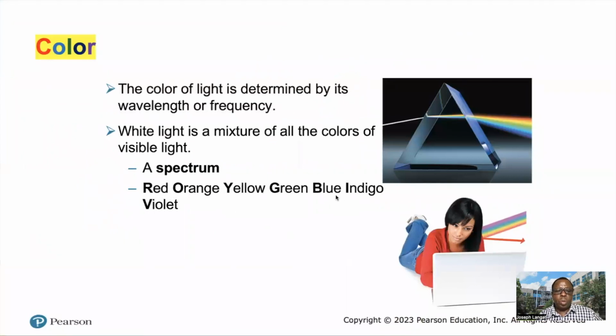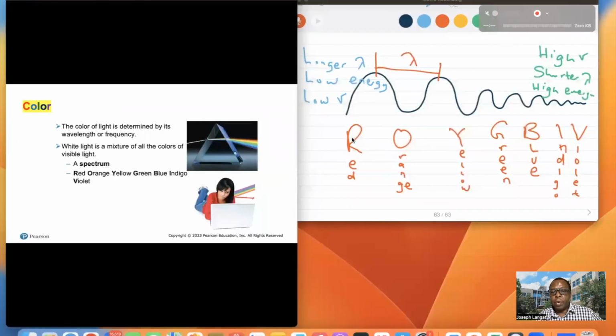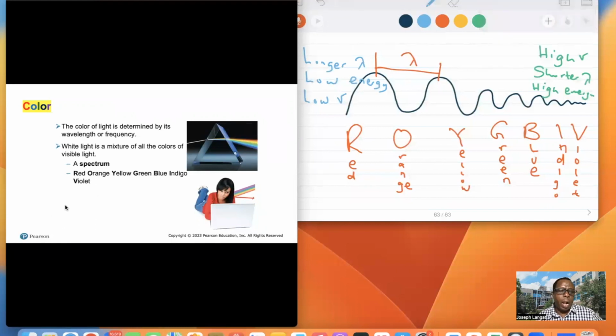You don't need to memorize this, but if there is a way you can reproduce this, it will help you. I say Richard of York grows bananas in vain. It will help you also to arrange the colors according to increase in wavelength. All right, this is decreasing in wavelength, going in this direction.